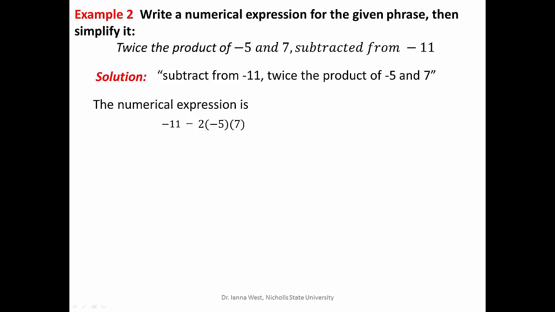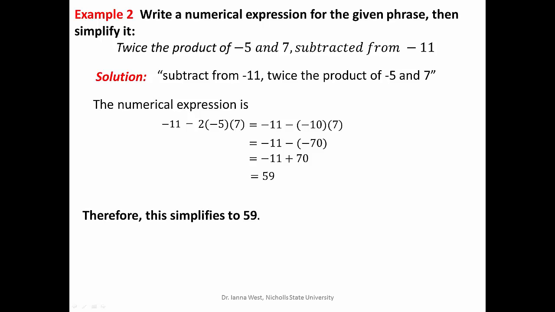So from left to right, we will multiply 2 times -5 first, giving us -10. Then we will multiply -10 times 7, giving us -70. Therefore, we will have -11 plus 70, giving us 59. This phrase simplifies to 59.